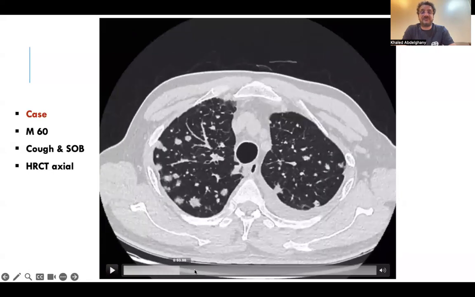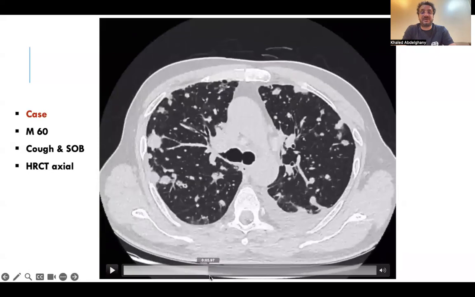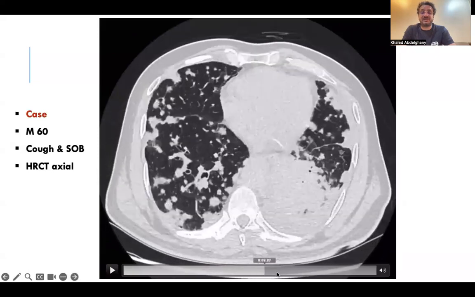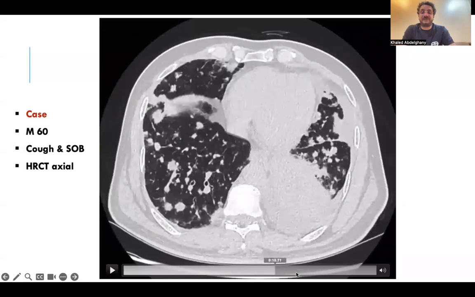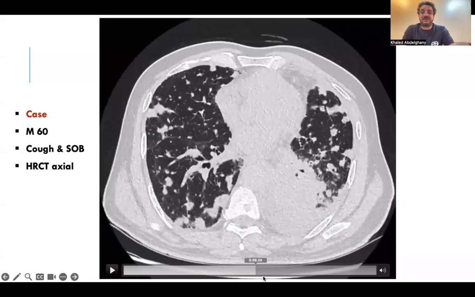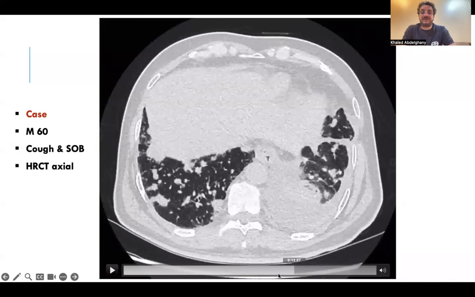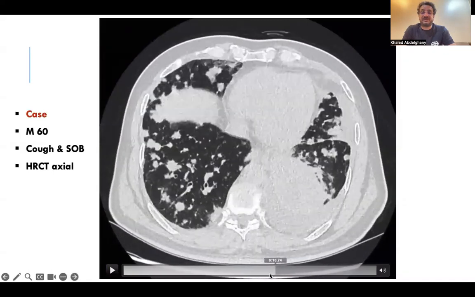This is in favor of metastasis over infection. This will solve the problem of finding a pneumonia here and will exclude our thoughts about infection.